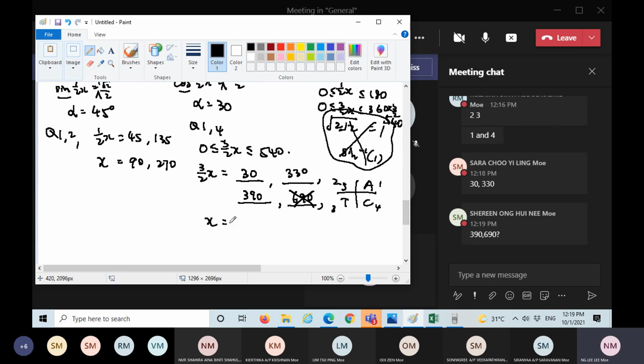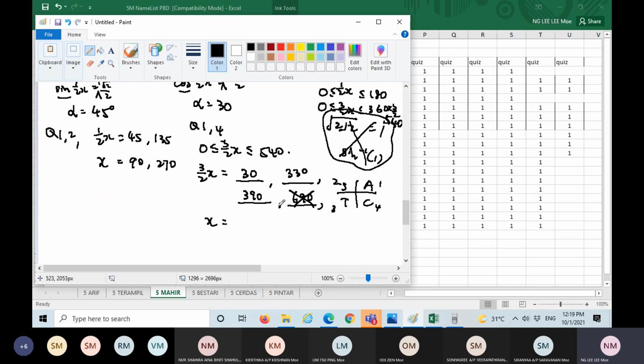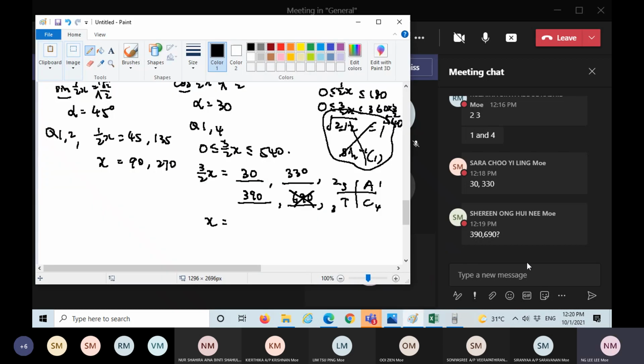Then how to get the x? This one is times 3 over 2, so come this side become divide 3 over 2. Okay, the next girl. Shruda. Get the 3 answers, divide 3 over 2. Shruda here or not?